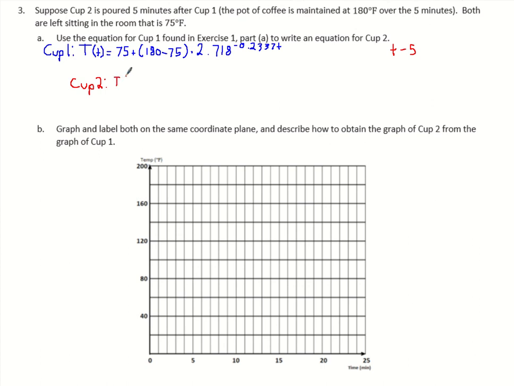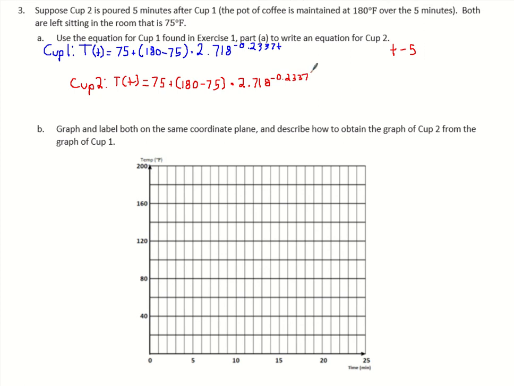So we have T of t is going to be equal to, they're in the same room of 75 degrees, plus, they both have the same initial temperature of 180 degrees, minus that room temperature again, times 2.718 raised to the negative 0.2337.